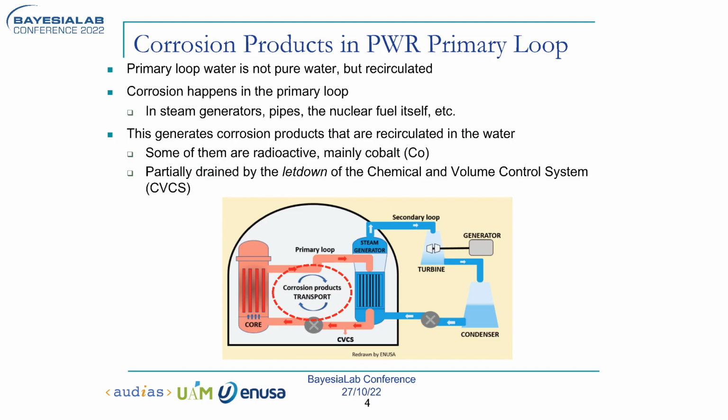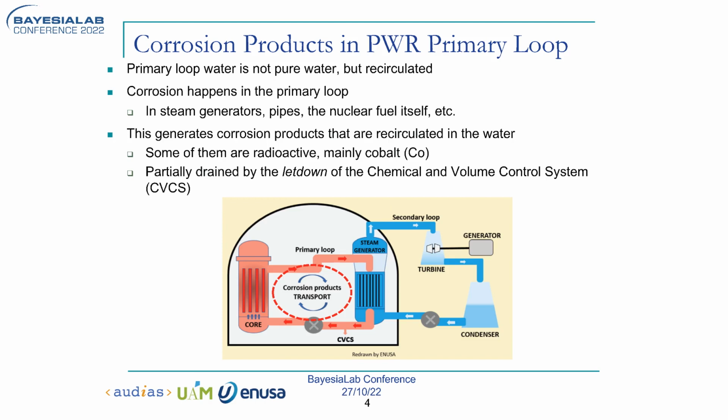For example, the fuel itself can be corroded by the water because of the temperature and the high radiation level. The pipes and the steam generator also suffer from this corrosion. And this corrosion manifests in the water. It is deposited into the water in several ways, but one of them is by radioisotopes.